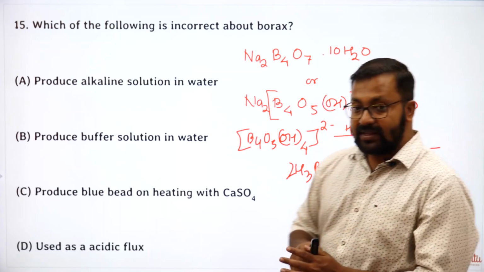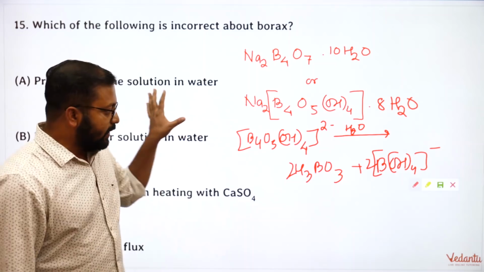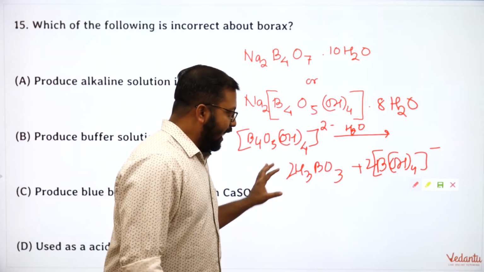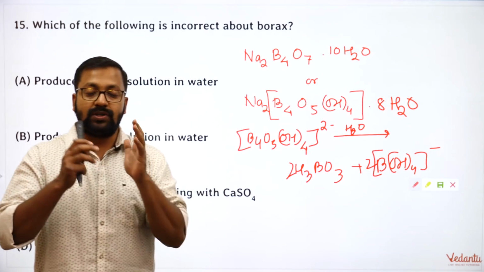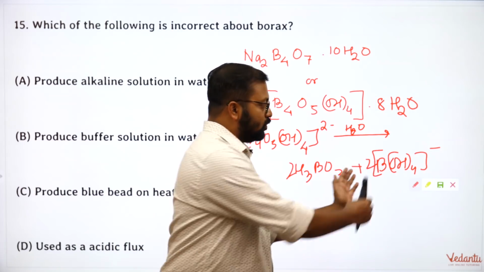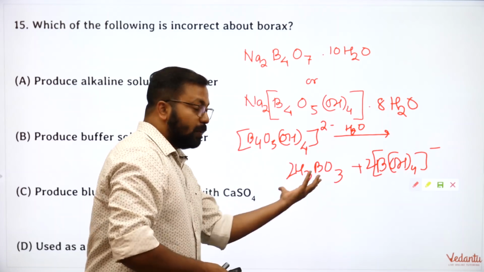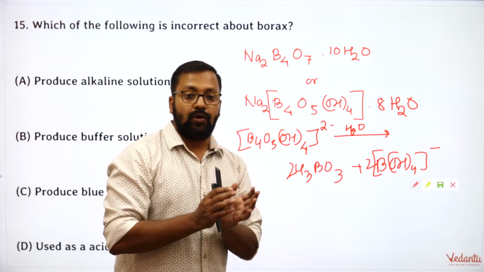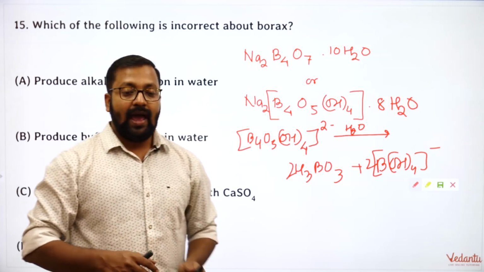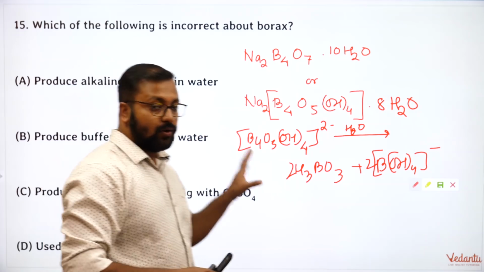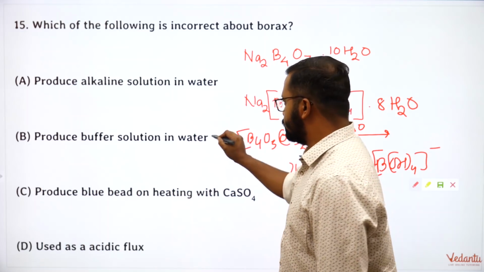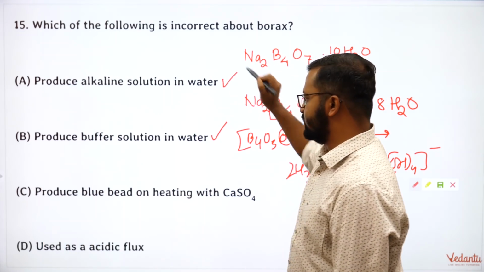So if we can see over here, H3BO3 and BOH4 minus are produced in equal amounts. This turns out to be the salt part, this turns out to be the acid part, which would be utilized in Henderson's equation, and this will turn into a buffer solution. So this is a correct statement.